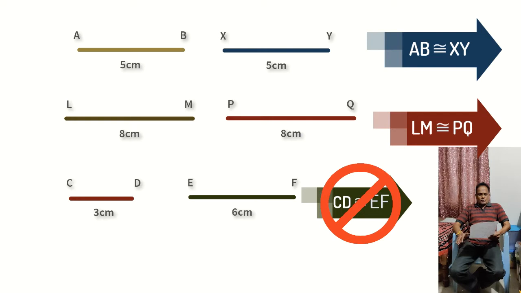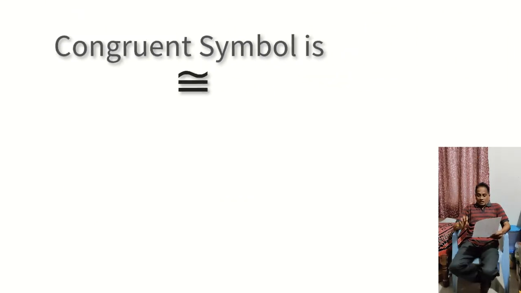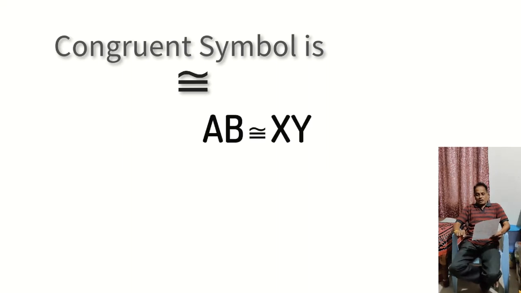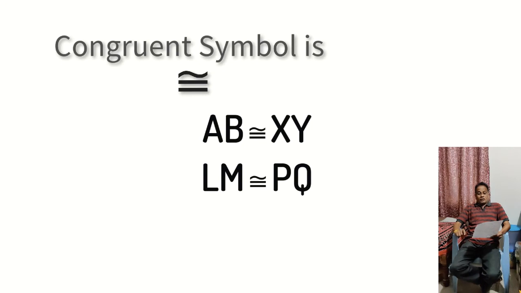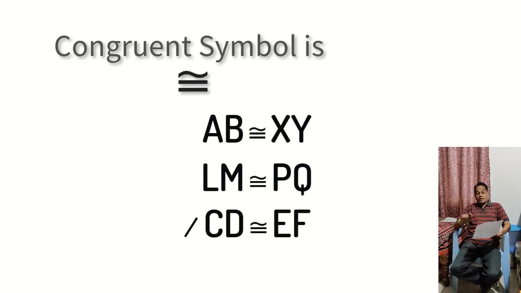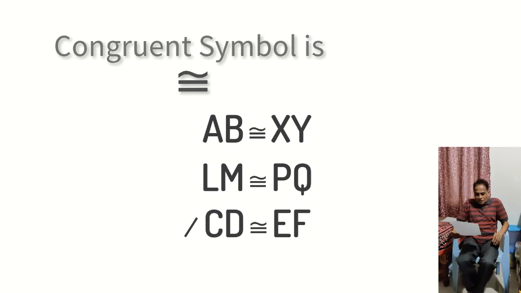So this is with respect to line segments. Symbolically it is written as line segment AB is congruent to line segment XY, line segment LM is congruent to line segment PQ, whereas line segment CD is not congruent to line segment EF, because they are of different measures.